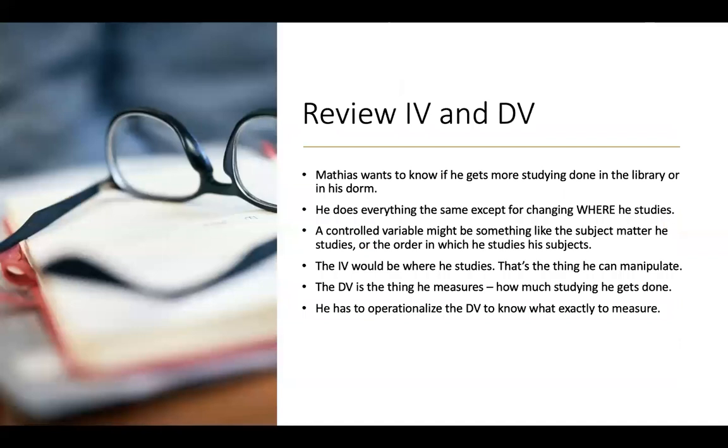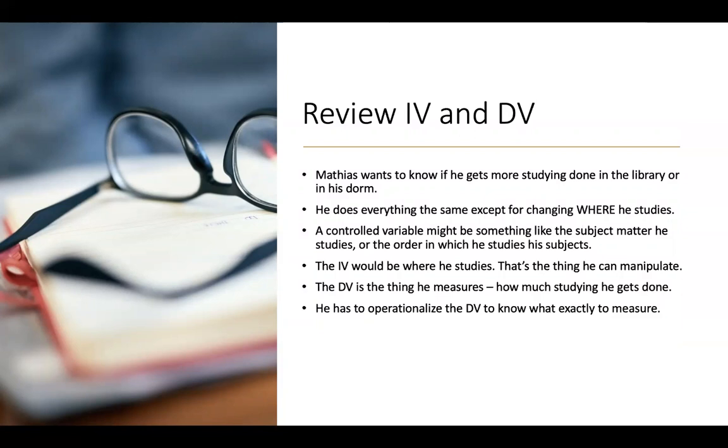So let's review some examples for independent and dependent variable just to help you with them. If you've got this down, great. If not, hopefully these examples will help you. So here's an example. Matthias wants to know if he gets more studying done in the library or in his dorm. So he does everything the same. So he's doing a lot of control of variables.